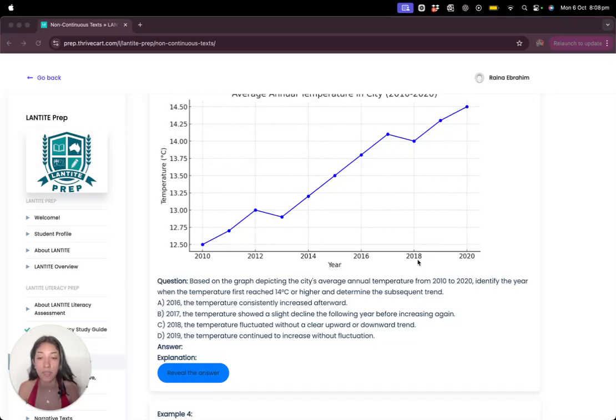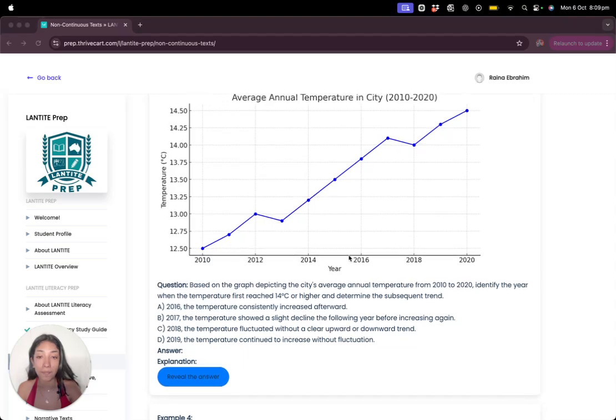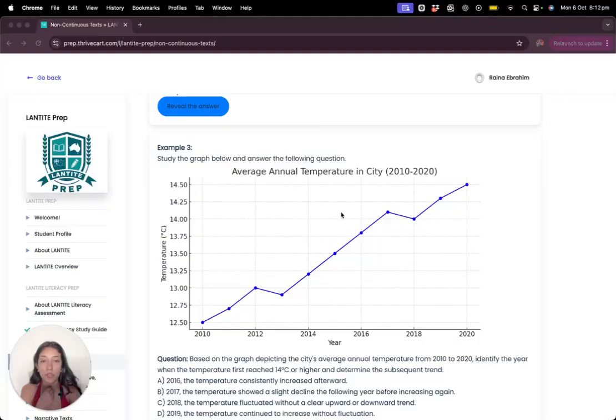And D, 2019, the temperature continued to increase without fluctuation. So we can see from 2010 to 2020, the temperature first reached 14 degrees here. I'm going to say that's the year 2017. So I'm going to say 2017, the temperature showed a slight decline the following year before increasing again.